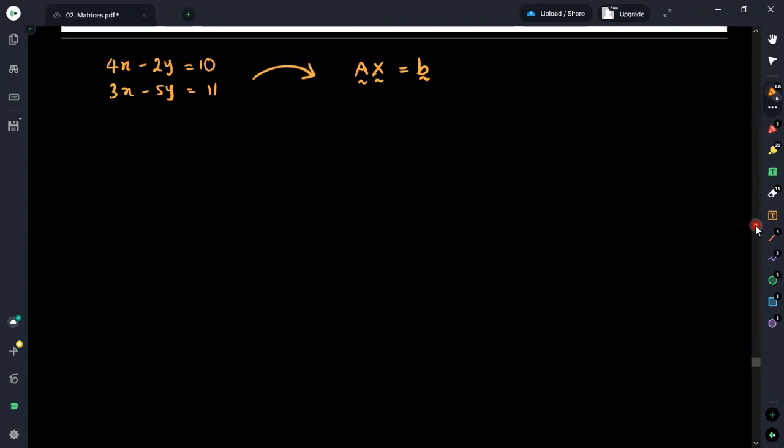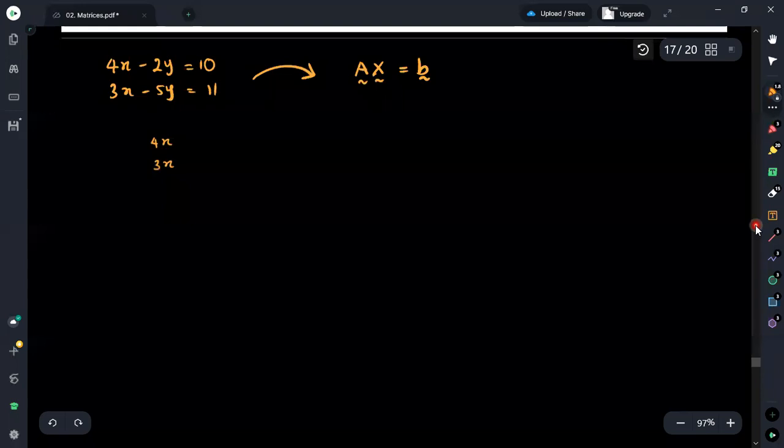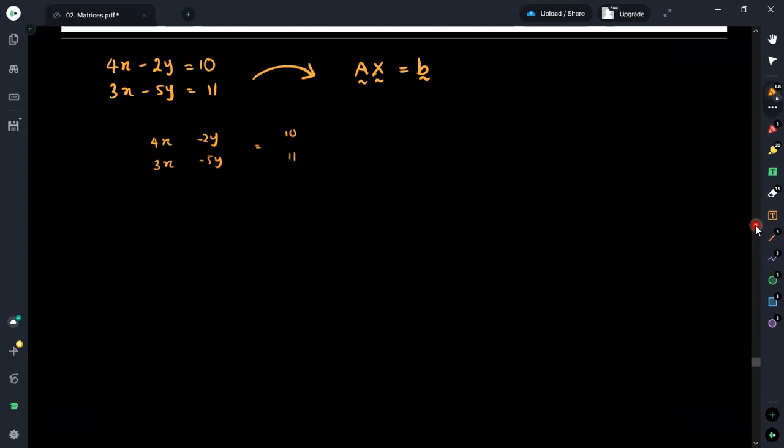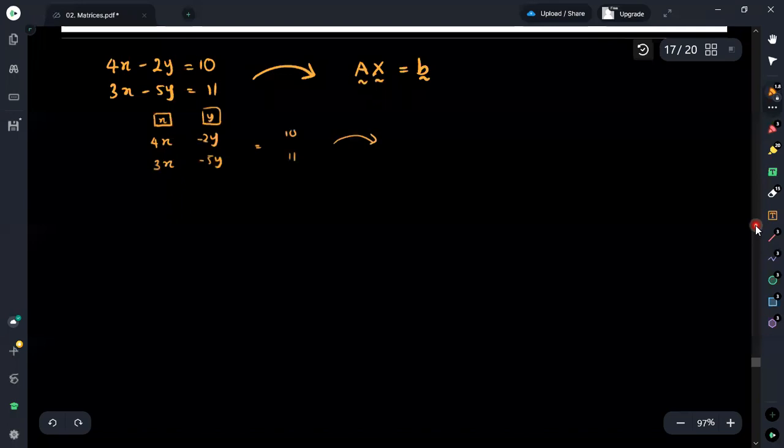So the x coefficients are in the first column and the y coefficients, minus 2 and minus 5, are in the second column, and this equals the constant terms 10 and 11. Therefore, we can simply convert it into matrix format in this way.